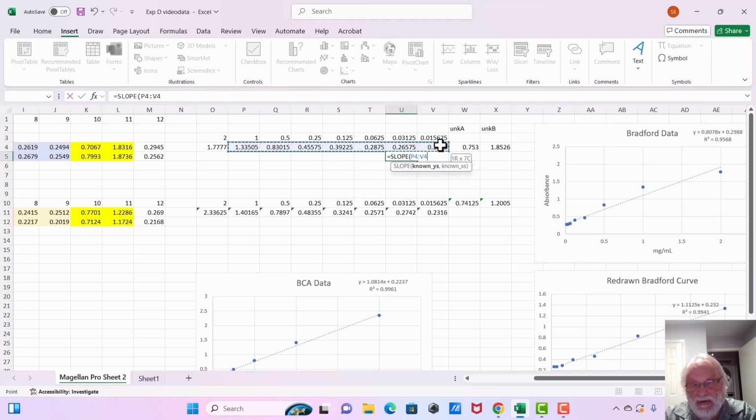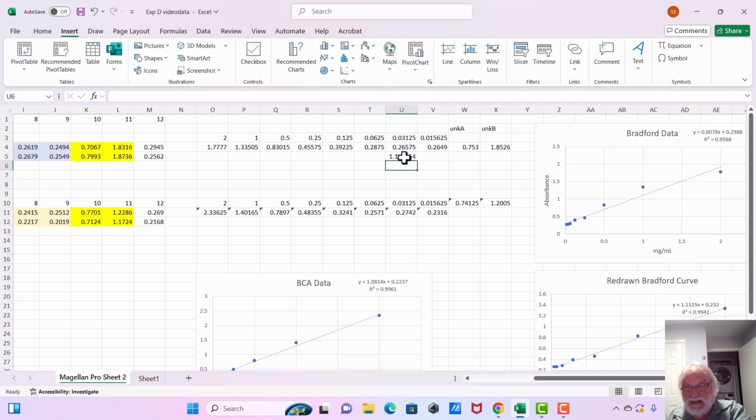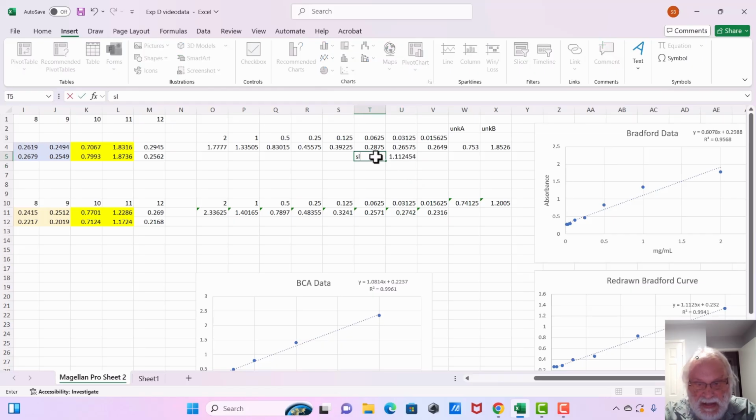Remember, we're going to go to 1 here. You do comma, and you highlight all of these and hit enter. So that slope here is the same as here. See that 1.11, 1.11, it's the same. And then we'll type slope here and intercept here.